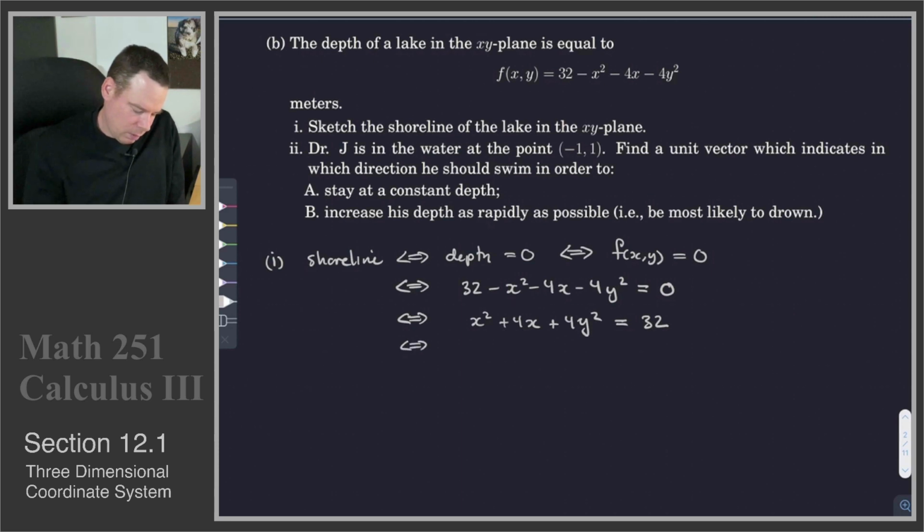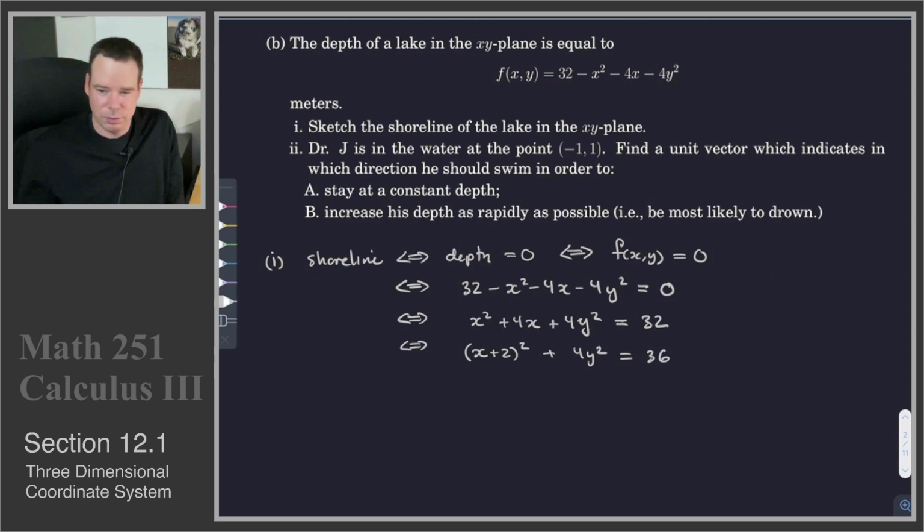From this, we can go ahead and complete the square. So I get x plus 2 all squared plus 4y squared. When I completed the square, what I did was I actually added a 4 to the left-hand side of the equation because of that extra factor of 2 squared that appears there. And because that term appears on the left side, I've also got to add it to the right side.